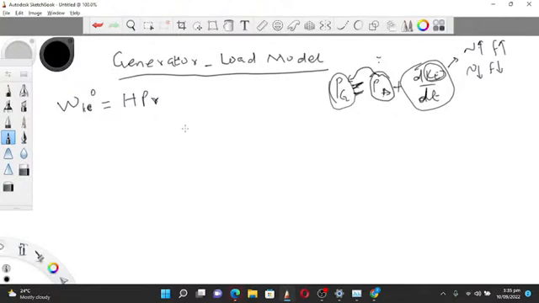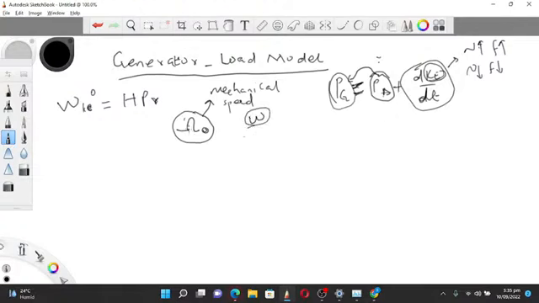Please look at this. In the slides, you see synchronous speed as omega naught. This omega naught here is representing mechanical speed. So omega is actually an electrical component.